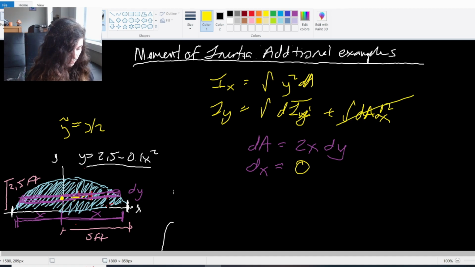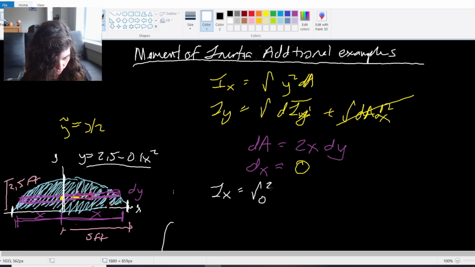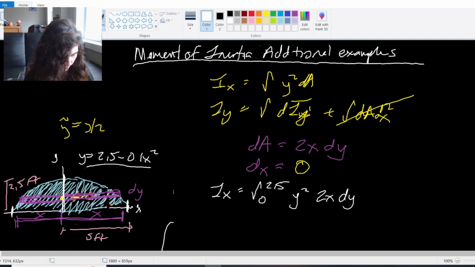So now if I go to set up these equations, my moment of inertia about the x-axis is the integral over my y values here, so from 0 to 2.5, y squared, and then my dA is 2x dy. If I rearrange this x equation here, I get y over 2.5. Oh wait, no, that's not right. Sorry.